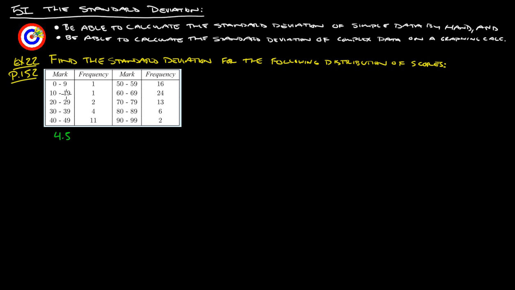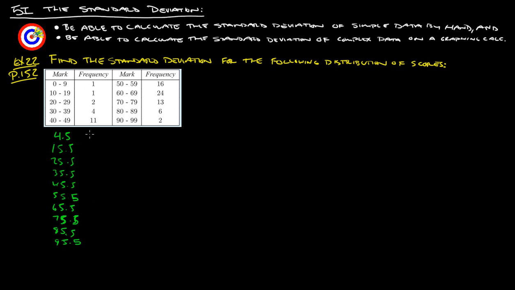Okay, so this is going to turn into 4.5. That's going to be what, 15.5? 15.5, and then we have 25.5, 35.5, 45.5, 55.5, 65.5, 75.5, sorry, I'm getting a little ahead of myself. 85.5 and 95.5.